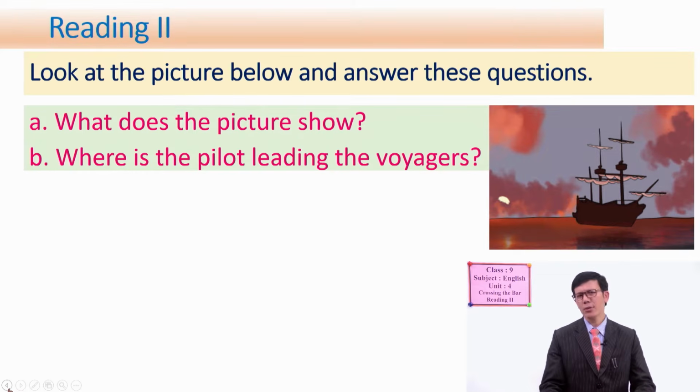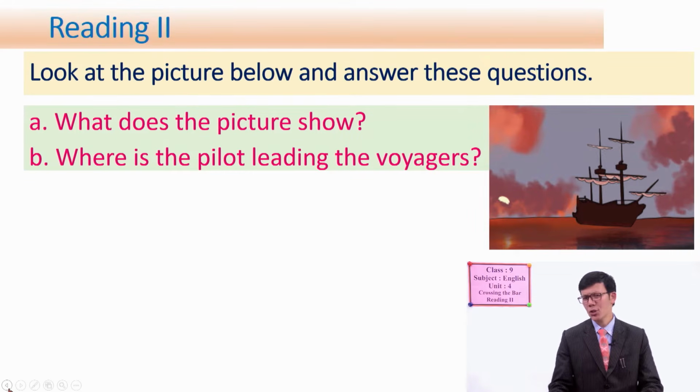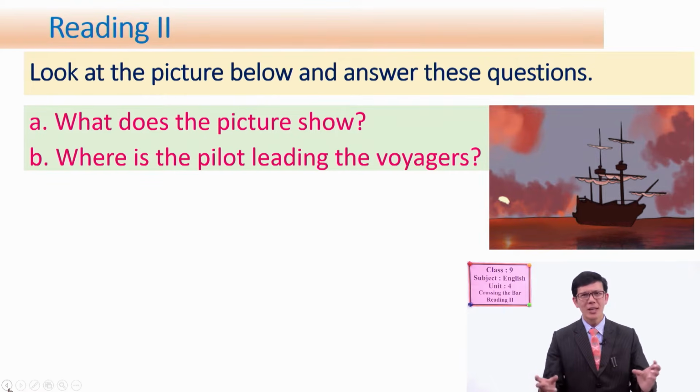Let's just look at the picture below and answer the questions. Right. Let us see what the picture shows. Dear students, can you guess what moment it is? What time is it? Is it morning time or evening time? You can just guess. Okay, looking at the light in the picture, what can you guess?